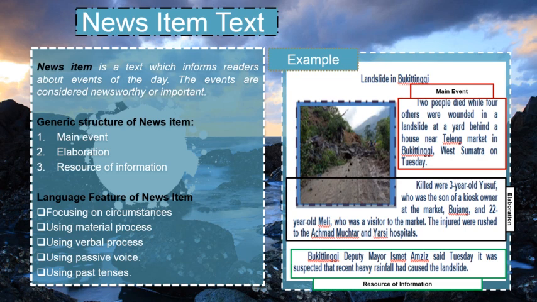The language features of news item are focusing on circumstances, using material process, using verbal process, using passive voice, and using past tense. We can see an example here of news item text. The first paragraph is for the main event, the second paragraph for elaboration, and the last paragraph for sources of information.